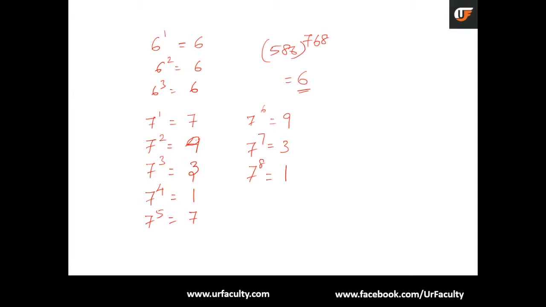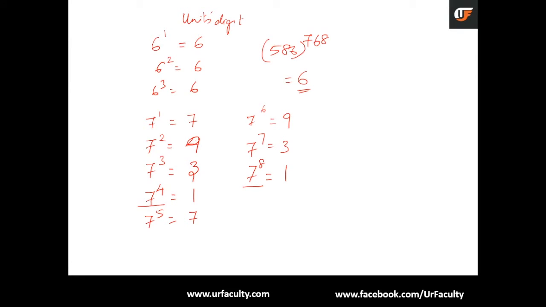So I'm just entering the units digit here. Just write here units digit. So in your exam, when such a number comes, you just need to write what I have written here on your right hand side and then start solving the problem. So you see here that after every 4 powers, it is cyclic.